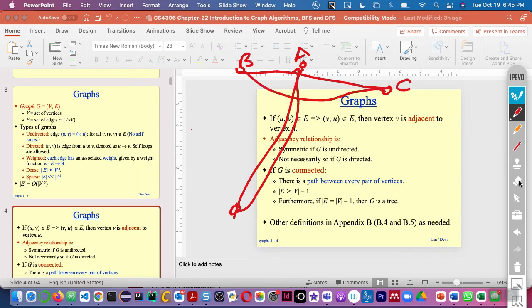So B and C are adjacent, and A and D are adjacent. They are connected. But B and D are not, and C and D are not.